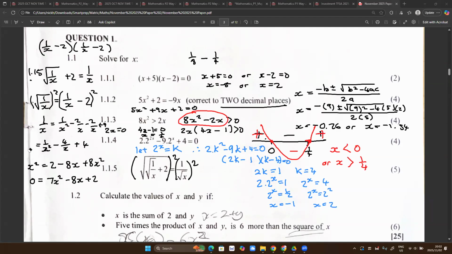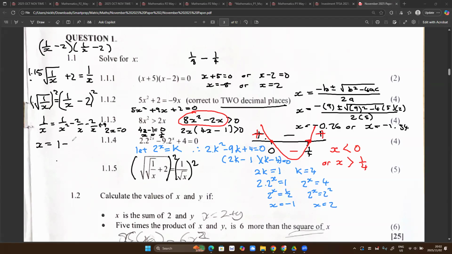Now we can times. And we're not going to times by 2x anymore. We're just going to times by x squared, aren't we? Okay, so I'm going to get rid of all this actually. Okay, so we times by x squared, and we'll get x equals 1 minus 2x. Well, there's 4 of them, right?